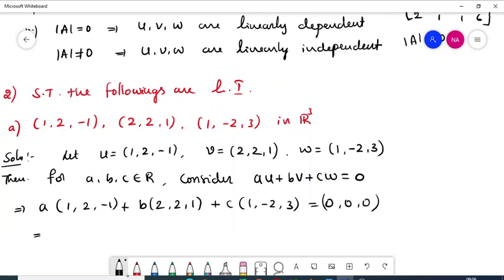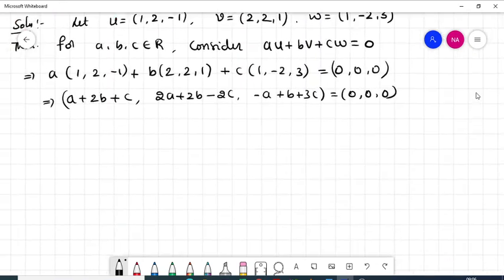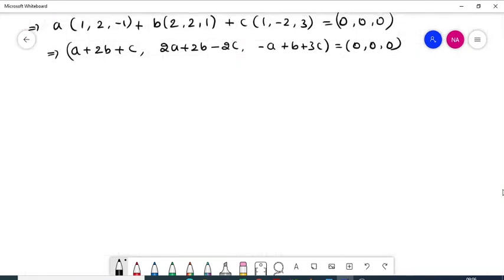So that implies a plus 2b plus c, 2a plus 2b minus 2c, minus a plus b plus 3c equal to 0 0 0, which implies a plus 2b plus c equal to 0, 2a plus 2b minus 2c equal to 0, minus a plus b plus 3c equal to 0.